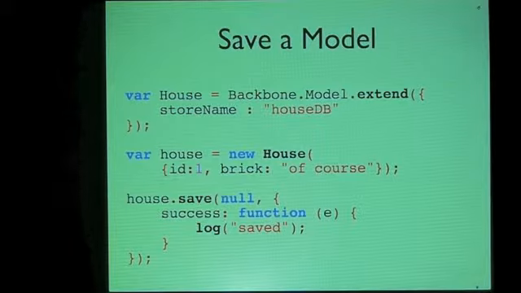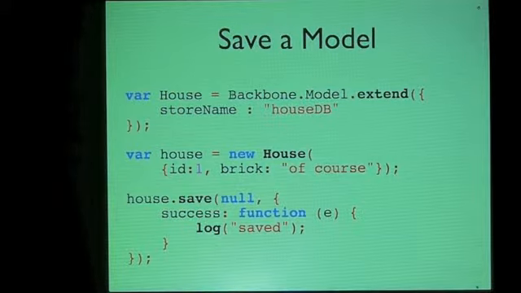So, save a model. Let's check this out. I am going to create a house. This is the point in the presentation where I got sick of animals. All I have to do to use this local storage is include that file. By including that file, the include is automatically going to override the sync function.